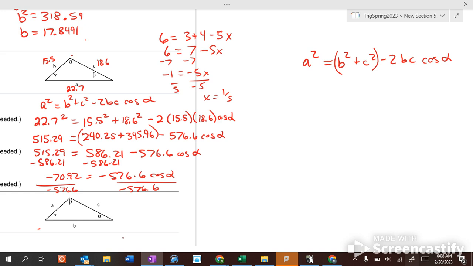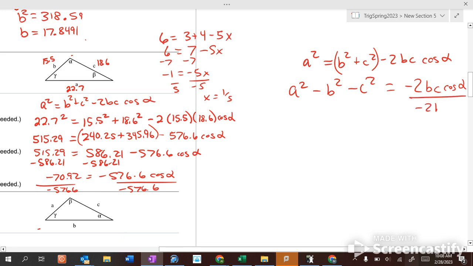Well, if we move them to the other side, we're doing what with them? Subtracting them. So it's really a squared minus b squared and then minus c squared, right? Equals negative 2bc cosine of alpha. Then, to get cosine alone, we divide by negative 2bc.